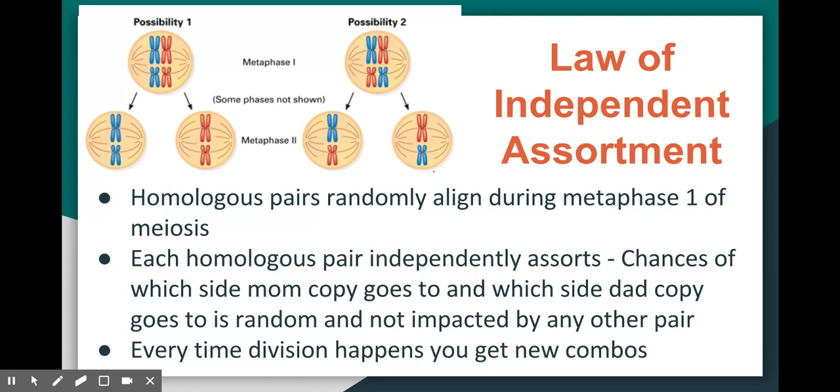Because every single time sperm is formed, every single time an egg is formed, you have a random lining up of each of your homologous pairs. So that's why no 2 sperm, no 2 eggs are going to be genetically exactly identical to each other.